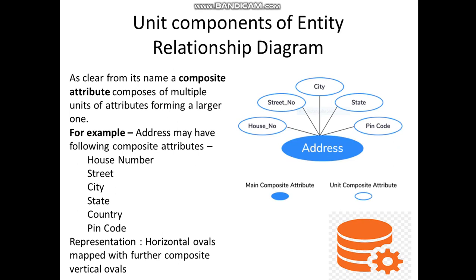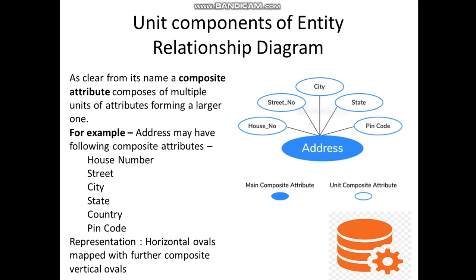Next is composite attribute. Now what is composite attribute? It composes of multiple units of attribute forming a large one. For example, address may have following composite attributes: house number, street, city, state, country, pin code. It is represented by horizontal ovals mapped with further composite vertical ovals.